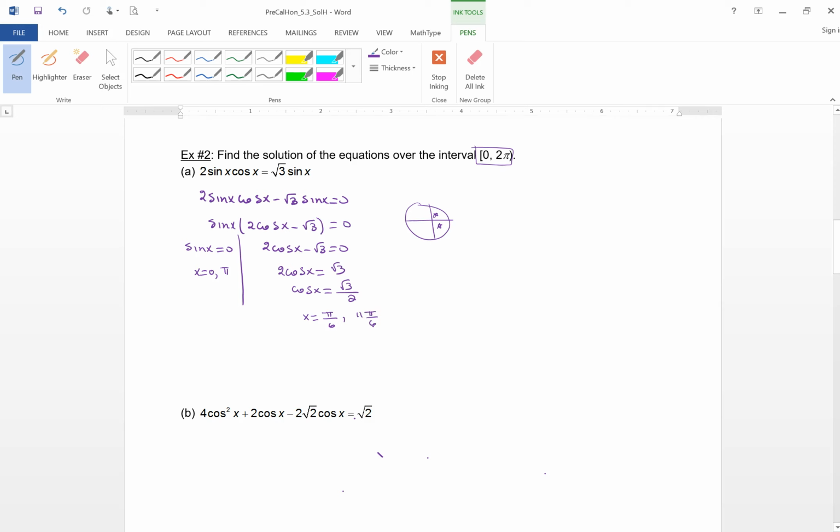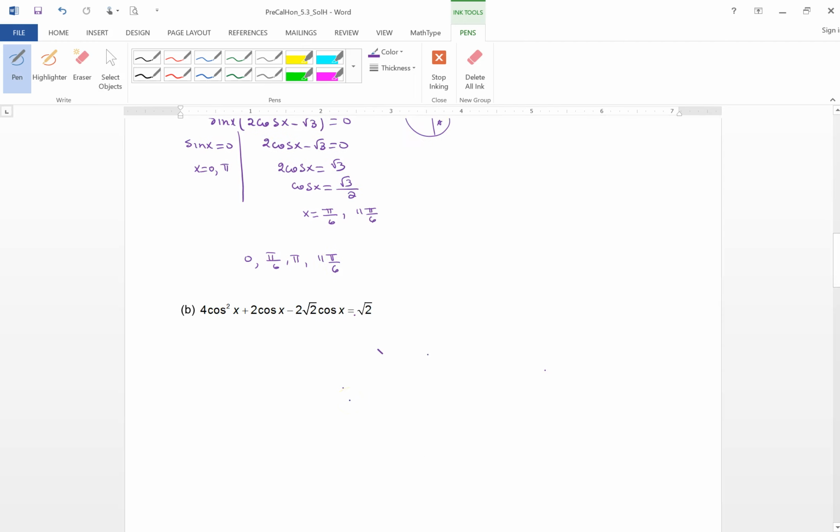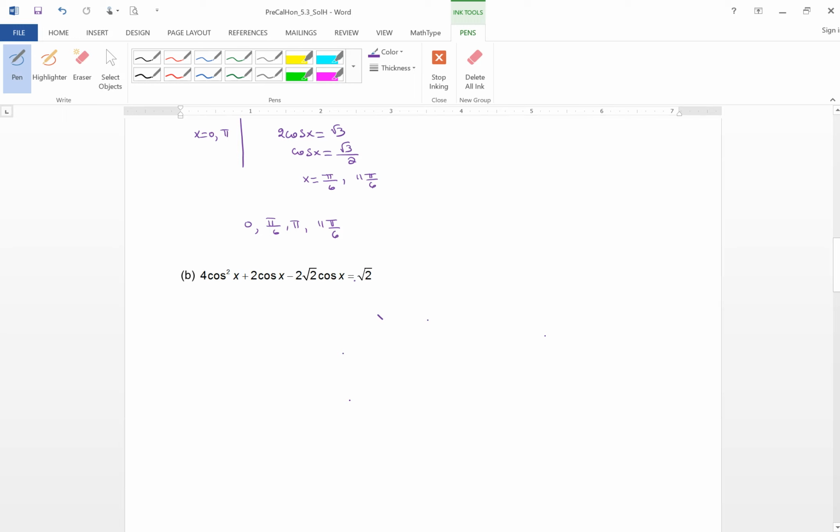The final answer is all of these x's in order: 0, pi over 6, pi, 11 pi over 6. And because we're only going from 0 to 2 pi, we stop right there.